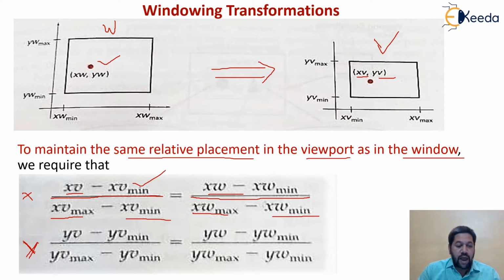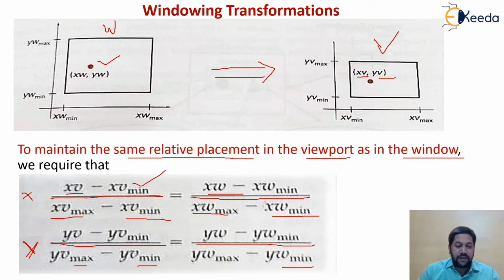How will I achieve it? yv minus yv minimum, divided by the displacement of y in the viewport, or we can say the screen coordinate system, yv maximum minus yv minimum, which is equal to the same in the window: yw minus yw minimum, divided by yw maximum minus yw minimum. So this is my displacement.